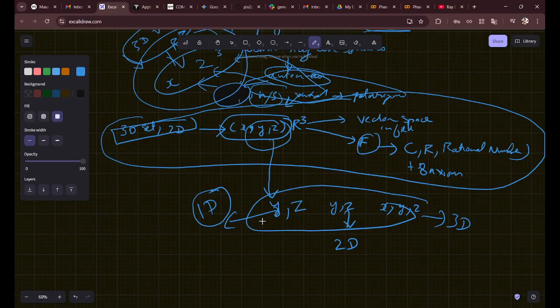Therefore, it should also follow the same 8 axioms, plus addition and scalar multiplication, which is exactly what the 8 axioms tell us.